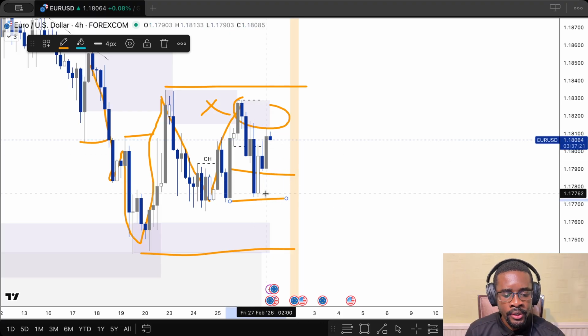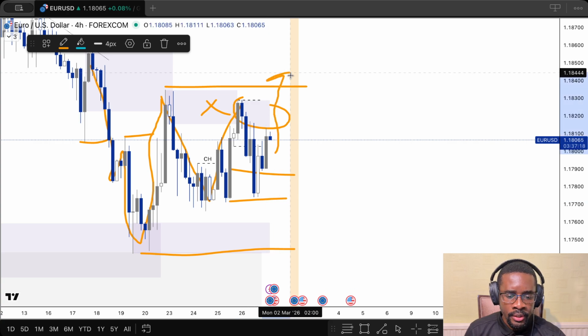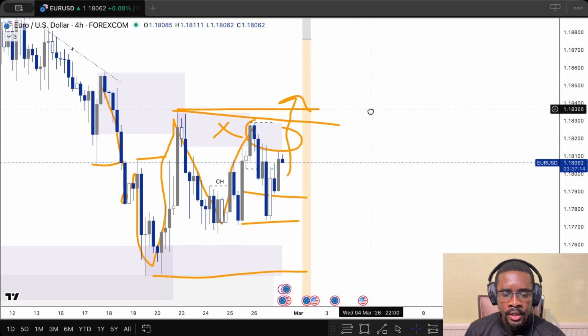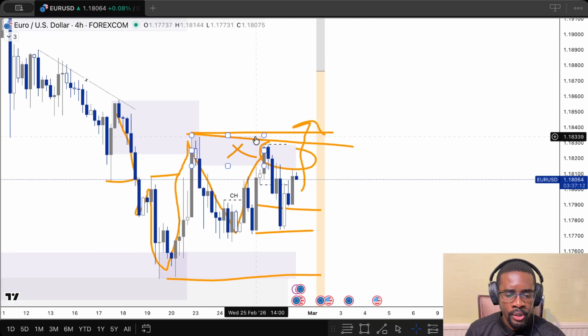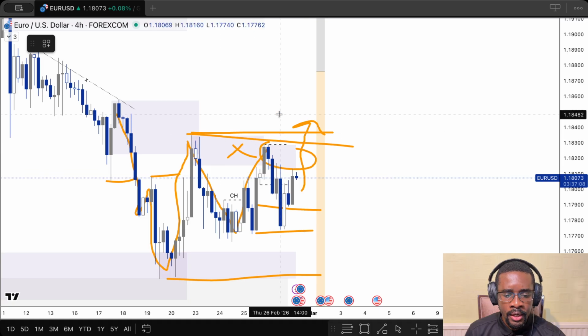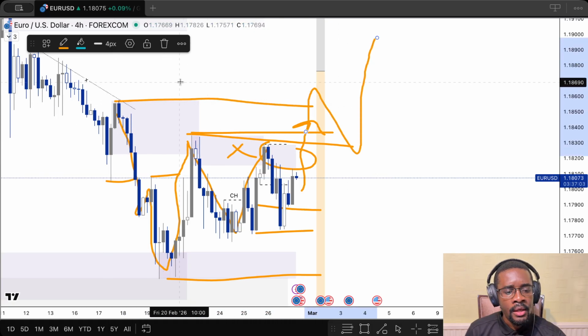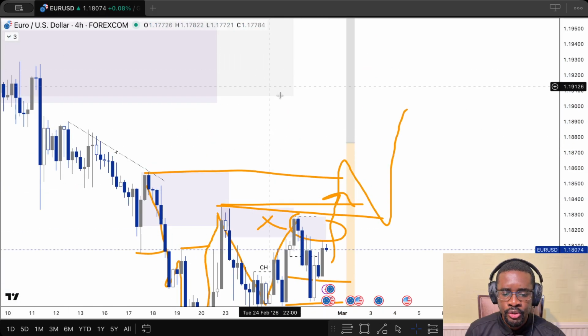So we'll have to wait for price to either break the high, and if that happens, most likely we would want it to continue breaking the high, with this supply area failing as well, and then continuing bullish.